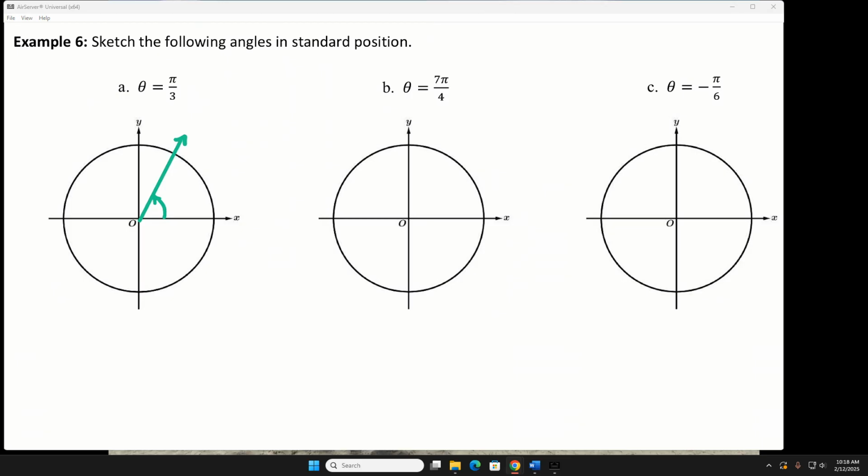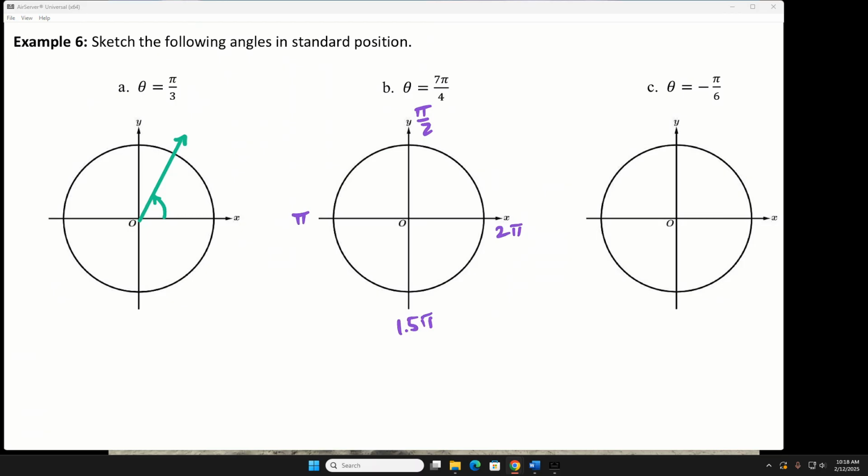All right, what about 7 pi over 4? Okay, so let's look at it. For it to be in the second, it would need to fall between a half and 1 pi. So that's way too big. For it to be in the third, it would be between 1 pi and 1.5 pi. And for it to be in the fourth, it would have to be between 1.5 and 2.